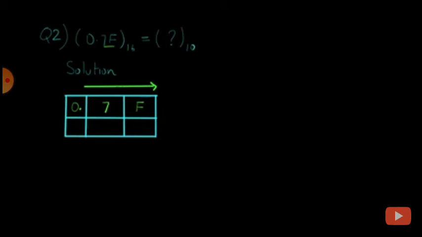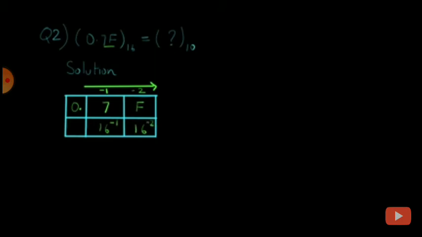And these positional values are negative numbers starting from minus 1. So 7 would be at position minus 1. This would be at position minus 2. Now assigning the positional weights, which are always in the power of 16, we have 16 raised to minus 1 and 16 raised to minus 2.